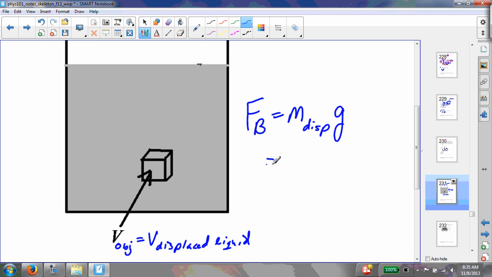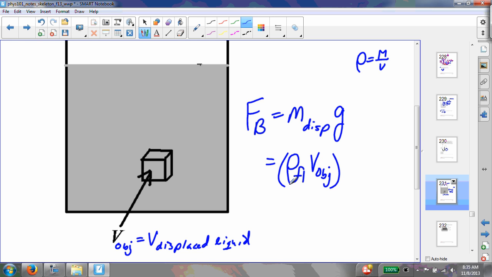And so for the buoyant force, since I know that density is equal to mass over volume, I can say that the mass of the displaced fluid is equal to the density of the fluid, water in this case, times the volume of the displaced fluid, which is going to be the volume of the object.